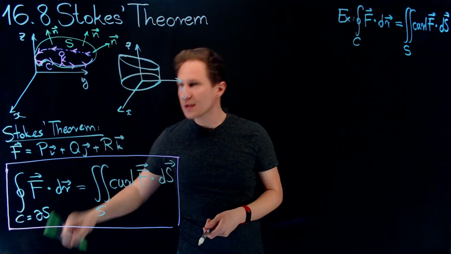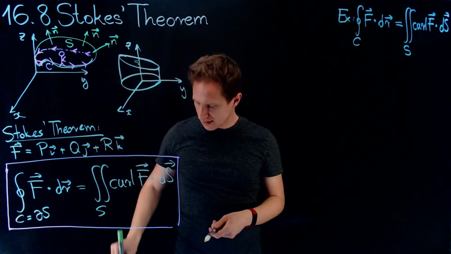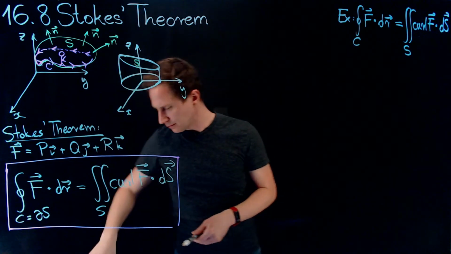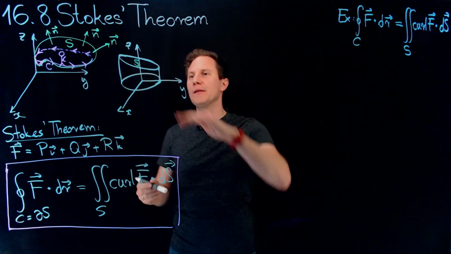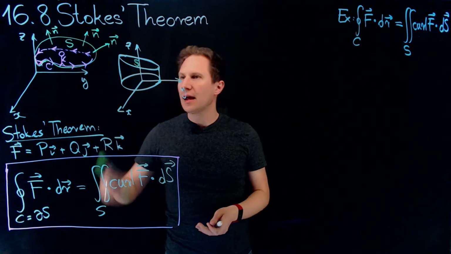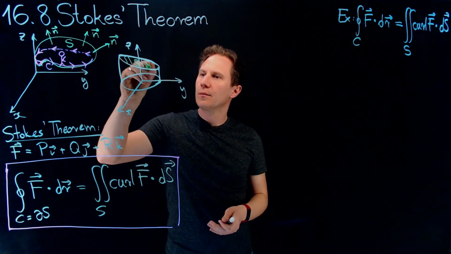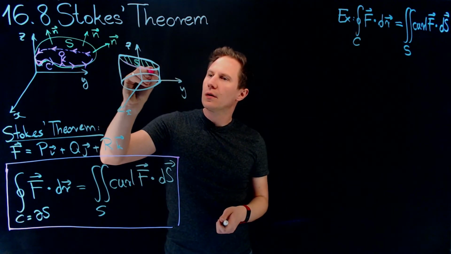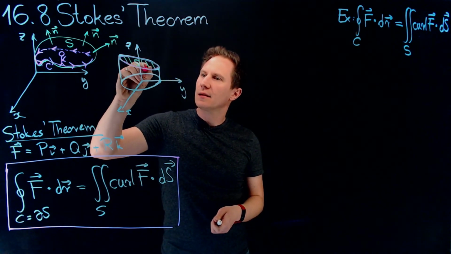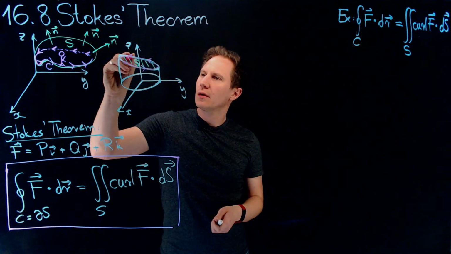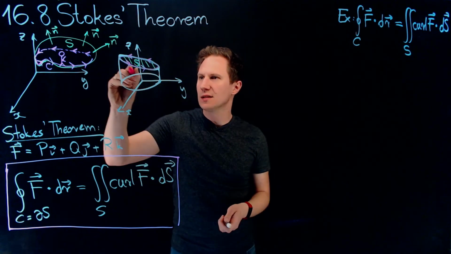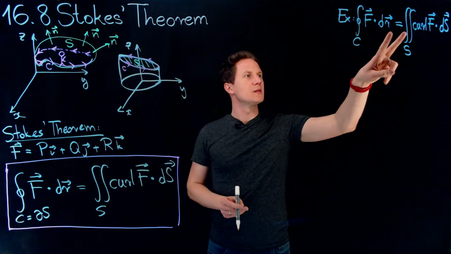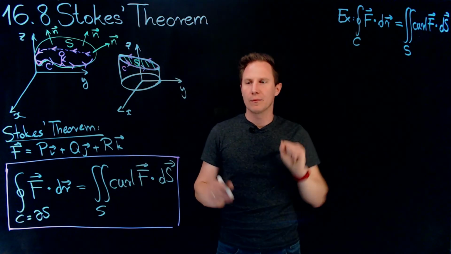So our surface is now the top of that cut, and the boundary curve is that ellipse that we have there. So that's C.